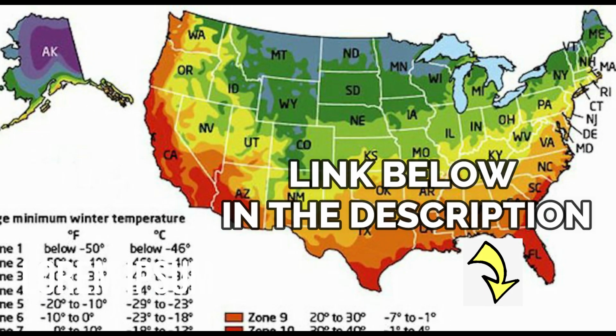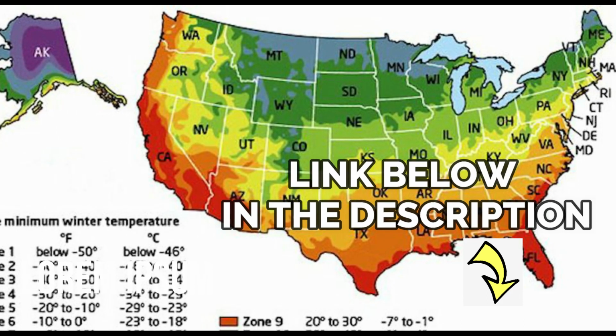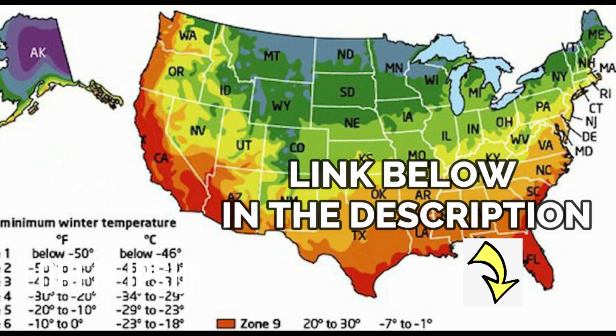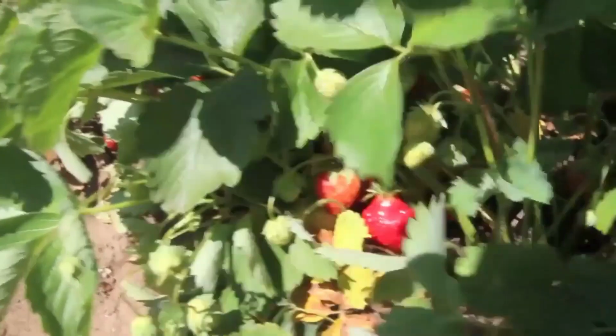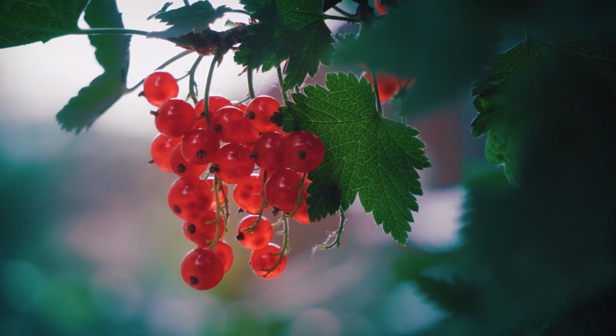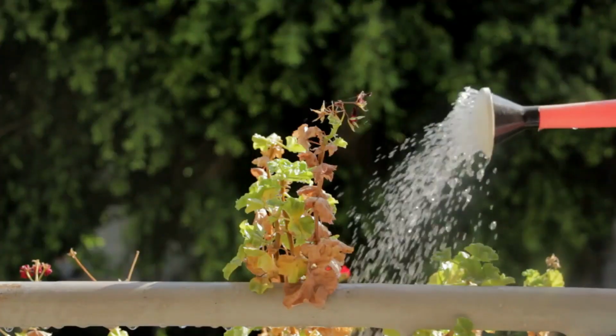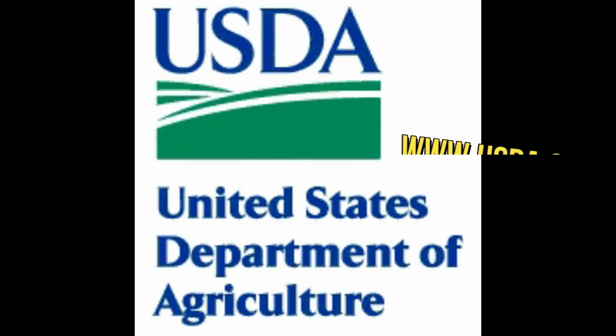And again, that link will be down in the description. So if you get an opportunity, if you haven't already, go ahead and click on the link in the description. Check out what the map looks like. Get an opportunity later and go back and play with it, because you can zoom in, zoom out. You can get a bunch of information about agricultural questions, when to water, what types of seeds, and all kinds of different stuff there. So it's a really great website.